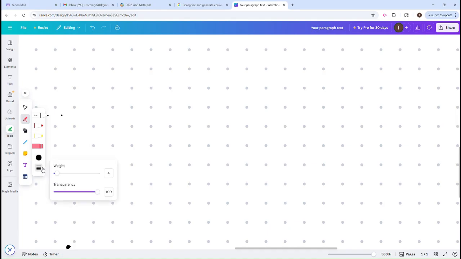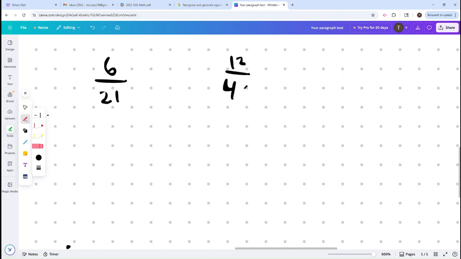So, let's take 6 over 21 and 12 over 42. Well, we got some even numbers there, we got an odd number there. It's kind of fishy. Might not know if these are equivalent or not, but they are.